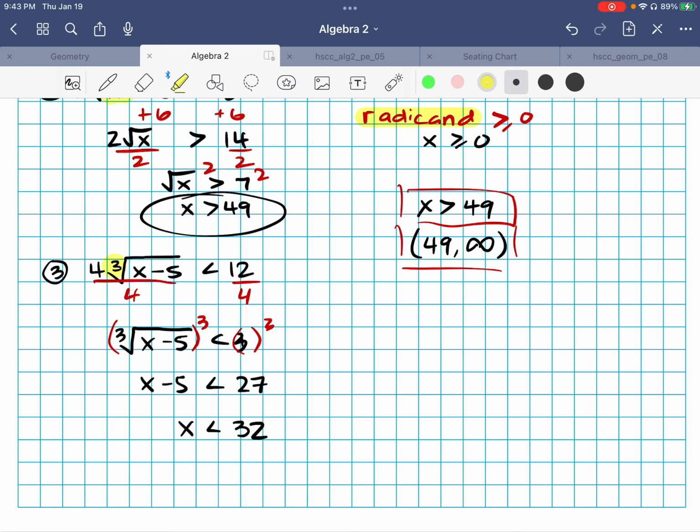So if you have to break this down into a simple idea, it's that if it's a square root, the radicand must be greater than or equal to 0. But if it's a cube root, the radicand has no restrictions, and your solution is just your solution. So in problem number 3, our answer is x is less than 32, or it's going to be all the numbers that are less than 32 from negative infinity all the way through 32.